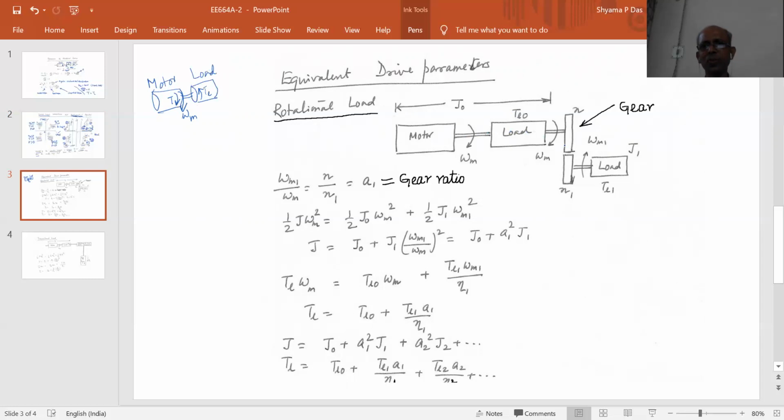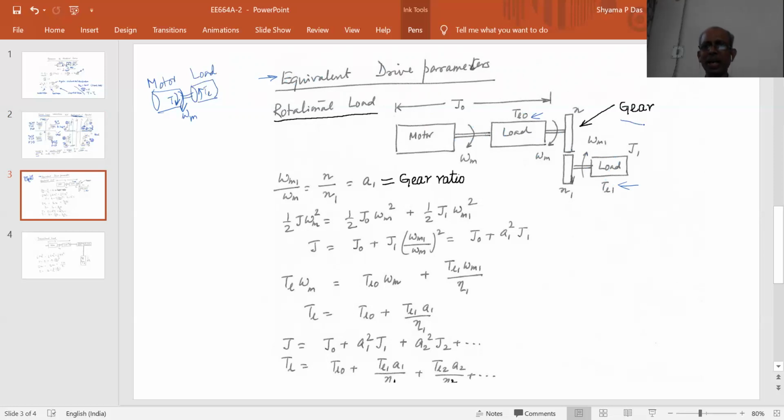Here we have two different loads, TL0 and TL1. And we are talking about the equivalent drive parameter. If we have more than one load, how does the motor see the combination of the loads? Now, this load TL1 is connected to the motor by means of a gear.